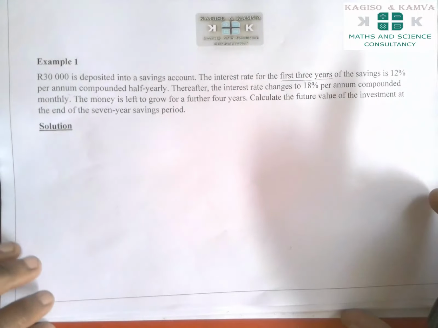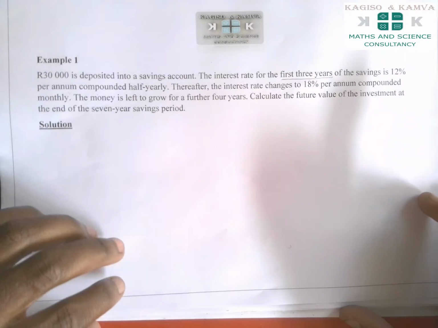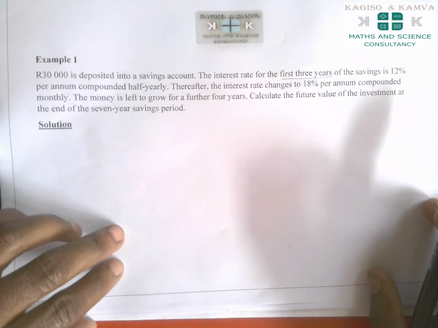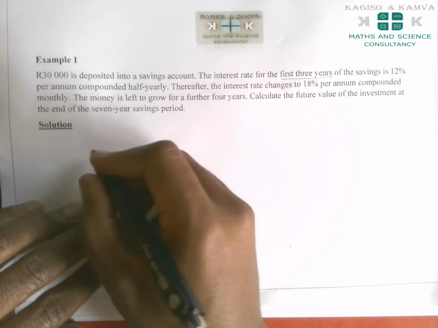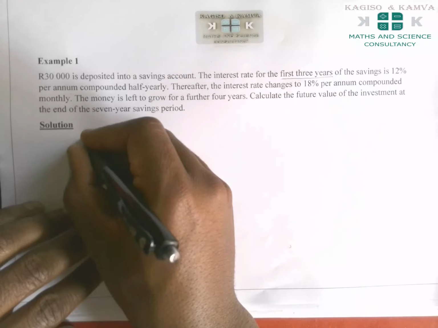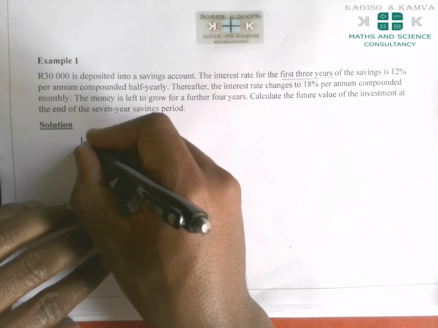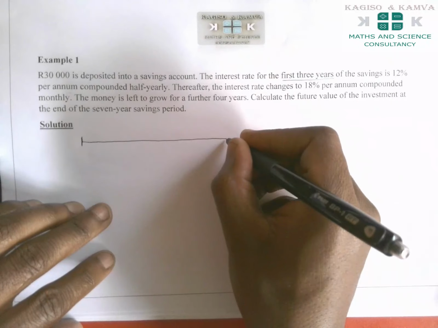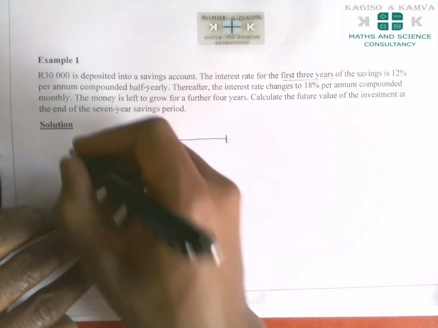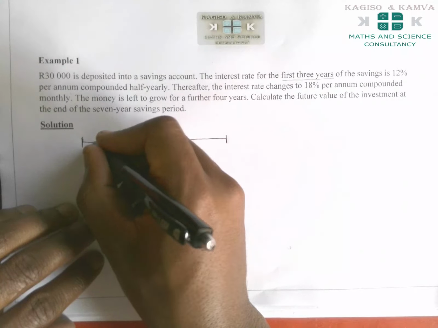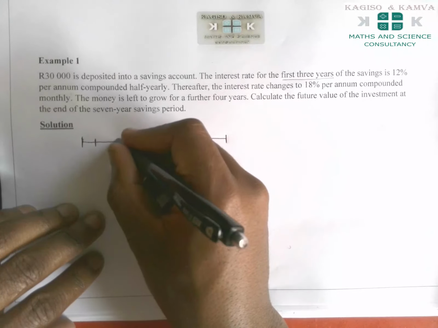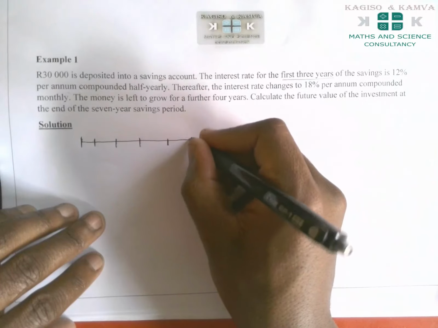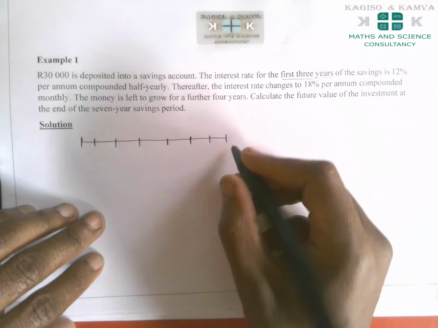Okay, so before we start, we will have to represent all of this on a timeline. Our timeline is going to look like this. We are going to have 7 years: 1 2 3 4 5 6 7.